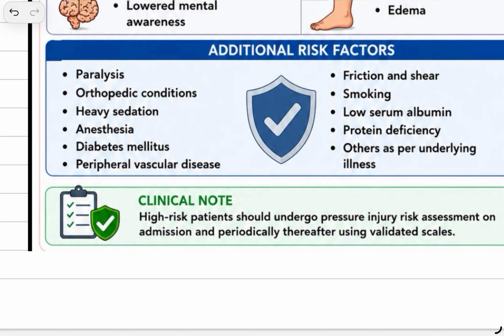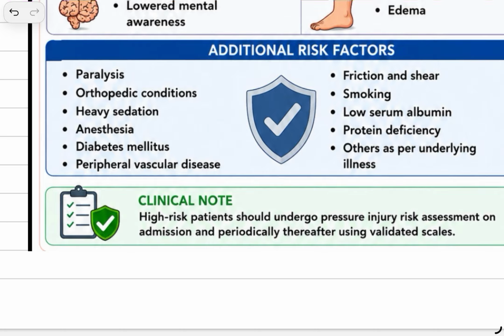Blanch means what? Blanch means white. If you press, at that time it will become white, and if you leave, it will become red, okay. This is called blanching. Are you understanding? So immediately it will become red. Then it is blanching.